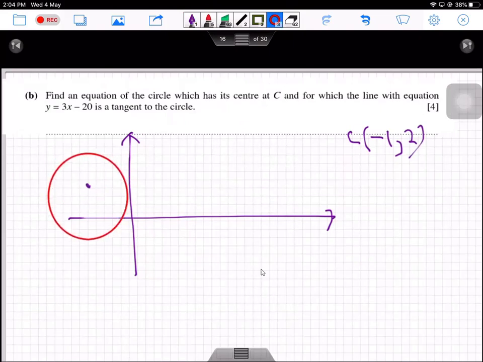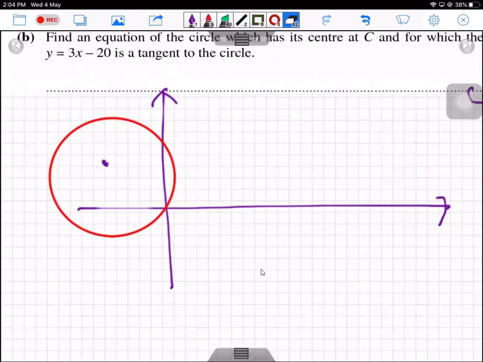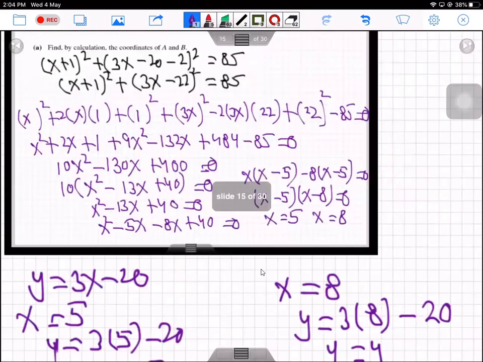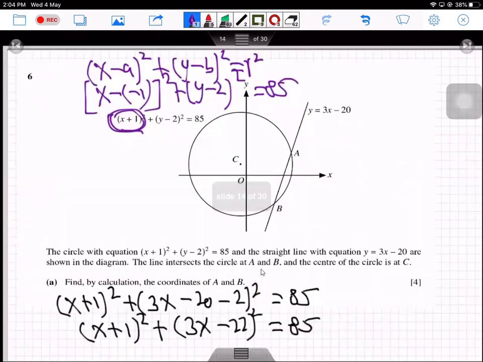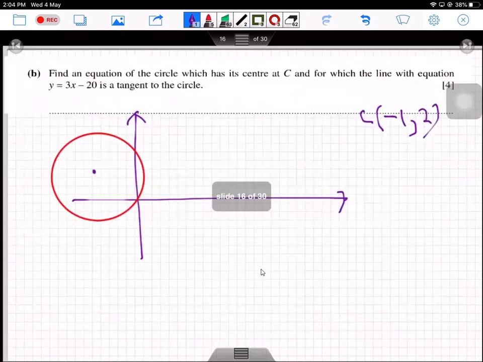Okay, and such that the line y equals 3x minus 20 becomes the tangent. So obviously the radius would be affected, because when the radius is the square root of 85, since r squared is equal to 85, the line is not a tangent to the circle. So obviously the radius would be affected.